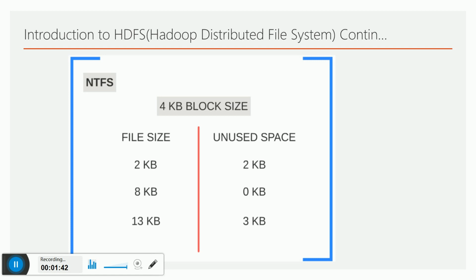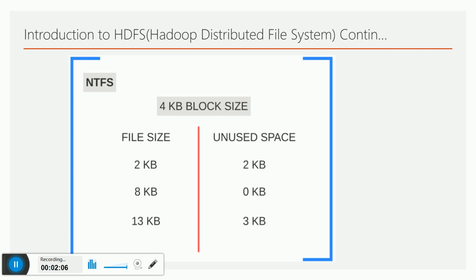Say I create a small file of around 2 KB. The Windows file system internally creates one block, and the block has a size of 4 KB.